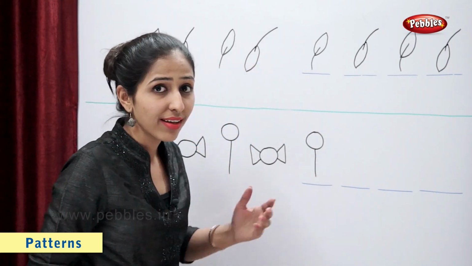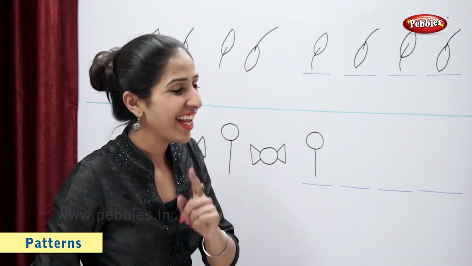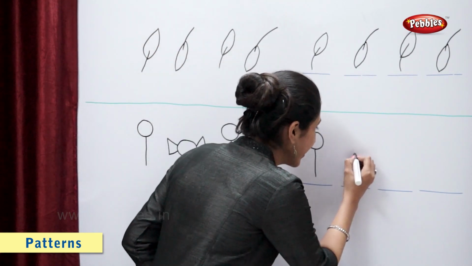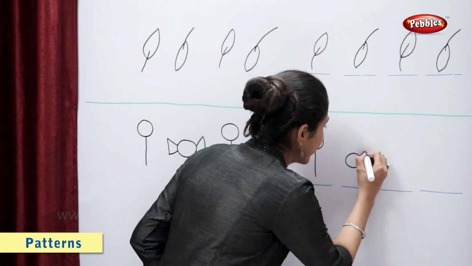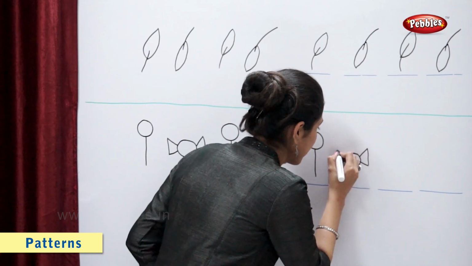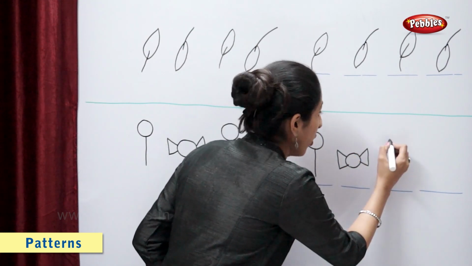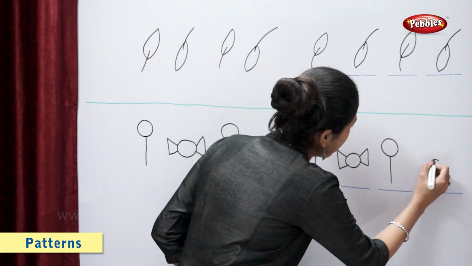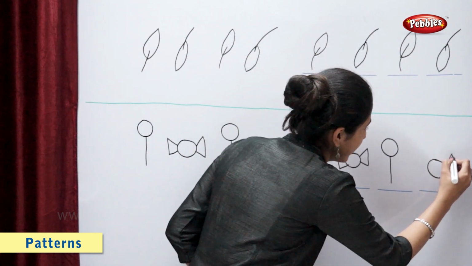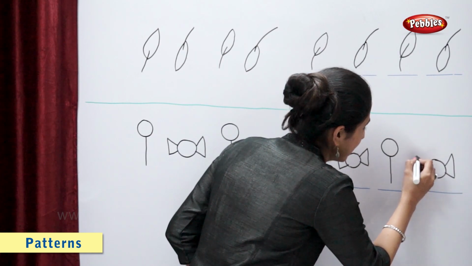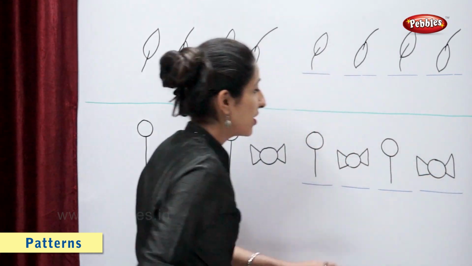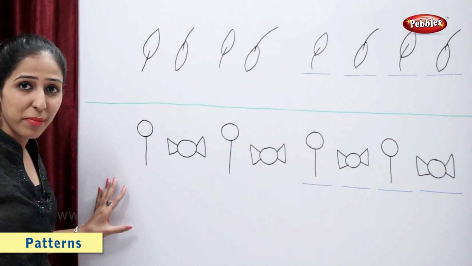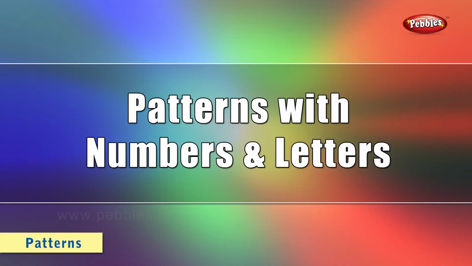Next is correct, a toffee. A lollipop, a toffee. So, this example is complete.